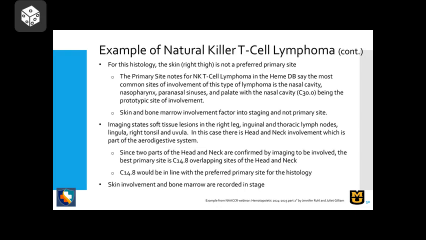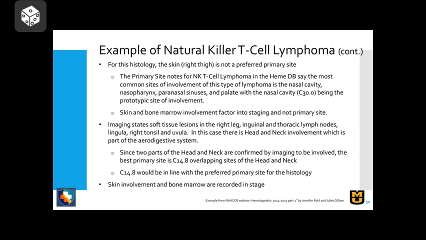Imaging states soft tissue lesions in the right leg, inguinal, and thoracic lymph nodes, lingula, right tonsil, and uvula. In this case, there is head and neck involvement, which is part of the aerodigestive system.